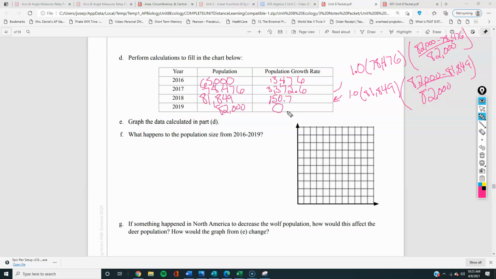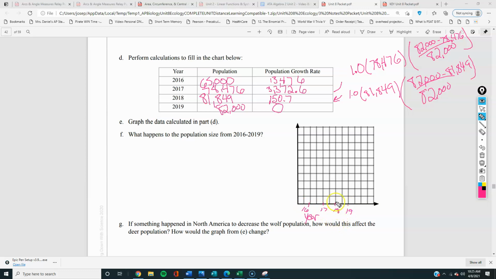All right, let's graph this beast. Let's go. So we have 2016, 2017, 2018, 2019.